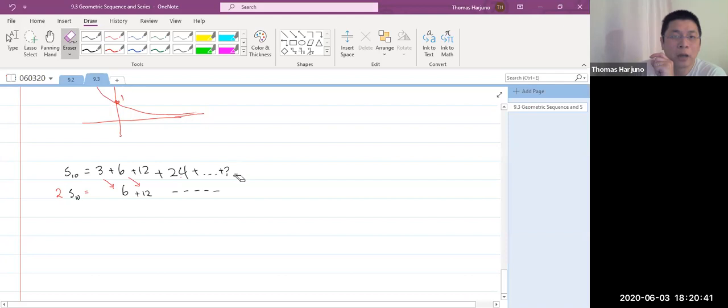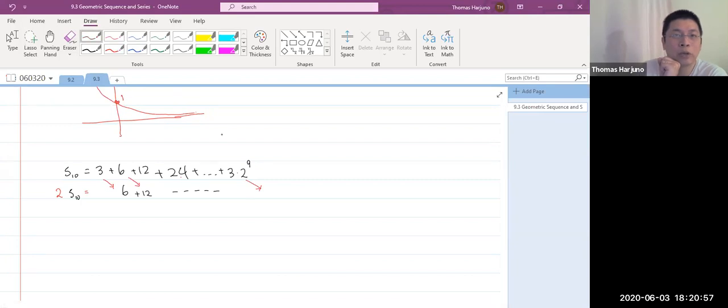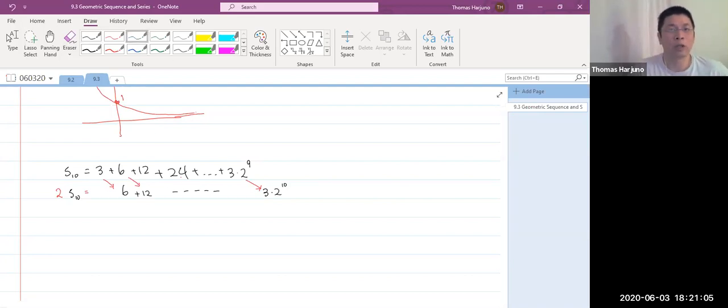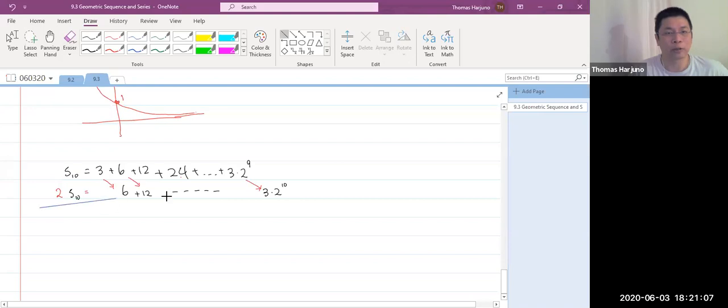Okay, the last term we have here, even though I don't know the number, I know what it should look like in terms of the pattern. It will be 2 to the 9. Right? So when I multiply by 2, the last term will be 3 times 2 to the 10. Then what I will do next is I subtract.